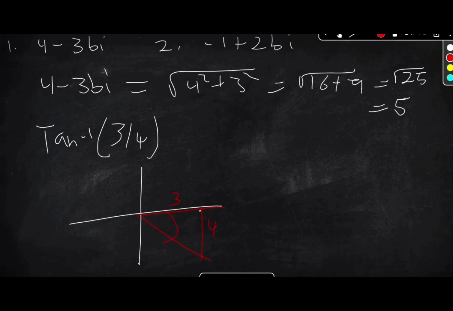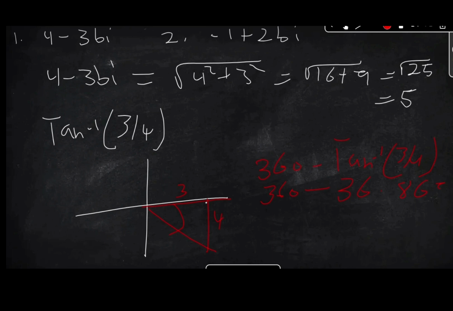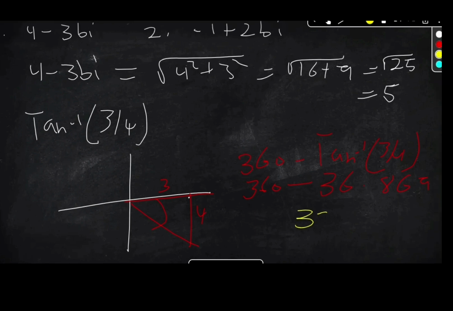So to find the angle, that becomes 360 minus tan inverse of 3/4, which is 36.869, giving approximately 323 degrees.